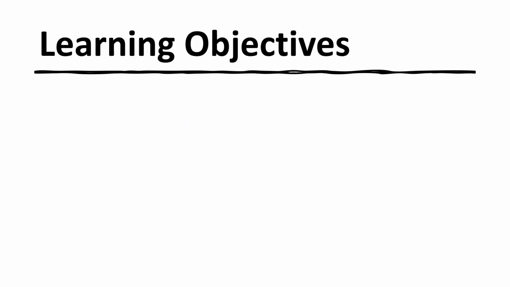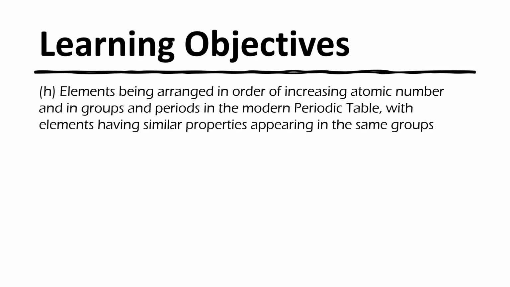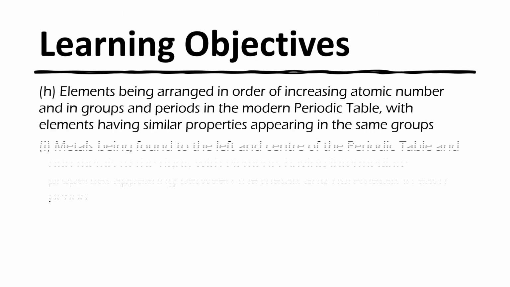Here are the learner objectives that we're going to explore in this section of the PowerPoint. Firstly, we're going to see the elements being arranged in order of increasing atomic number and in groups and periods in a modern periodic table, with elements having similar properties appearing in the same groups.